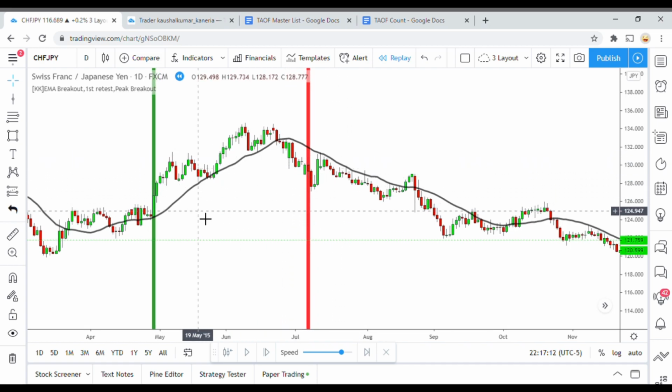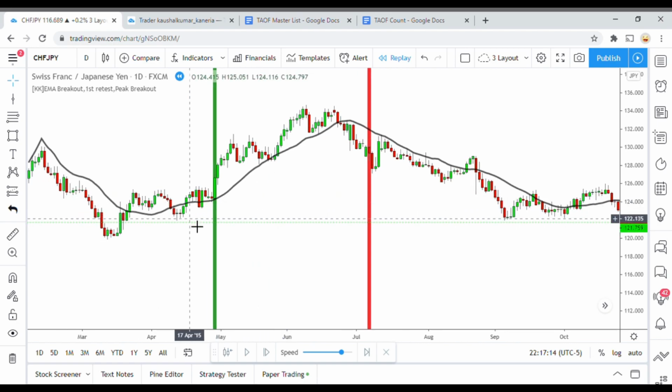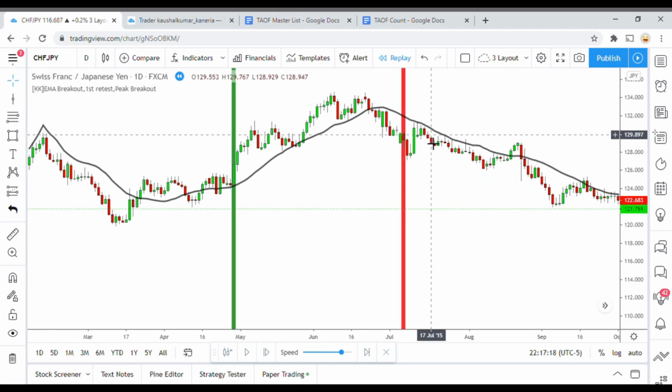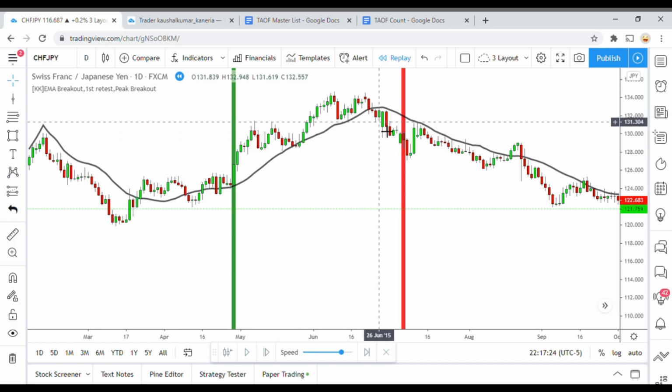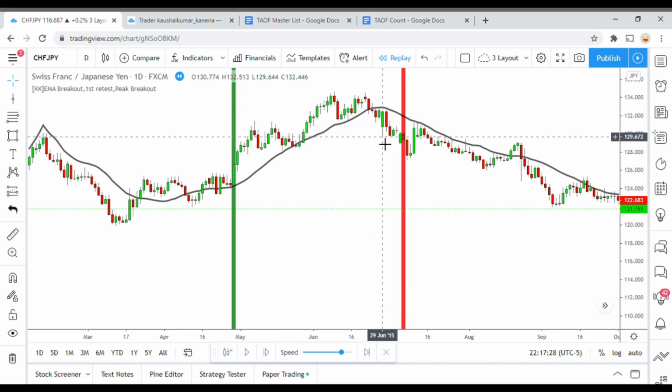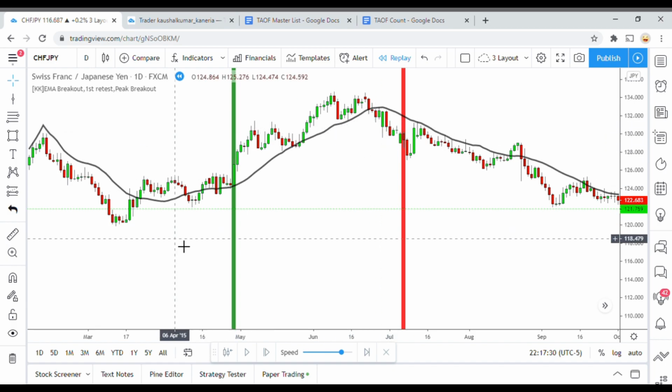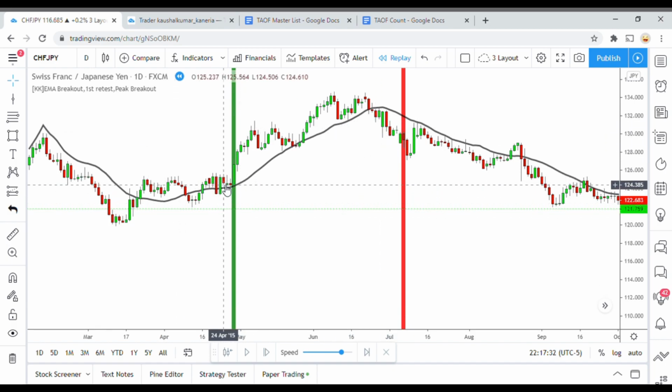And so basically what's happening, if we look at this area right here, this green one, this one's a little weird. I'm not sure exactly how it gauged that one. I feel like that one might be a little off, but this one's a better example right here. You can see that this big green candle, price action spikes up above our moving average.